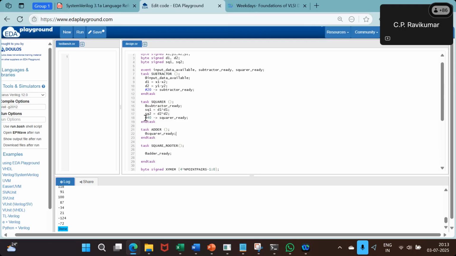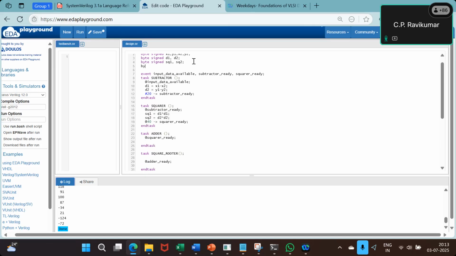After the squarer ready, we have to add. Okay, let us say this is byte signed sum of squares. So this guy is going to compute sum square equals square 1 plus square 2. And then it will say adder ready.